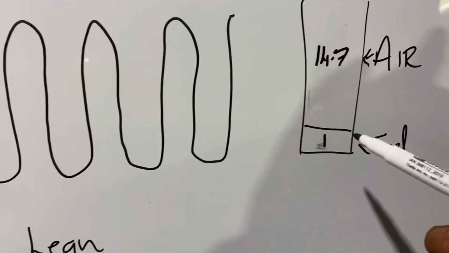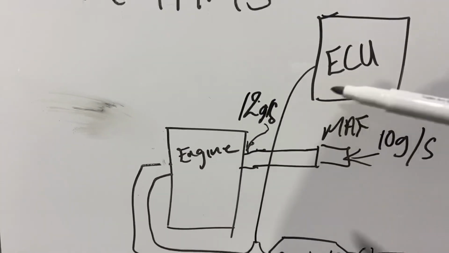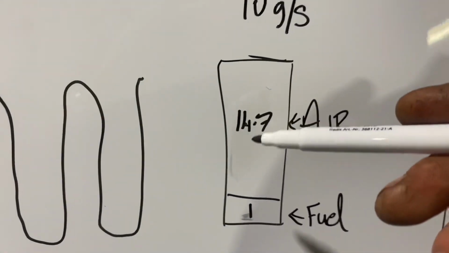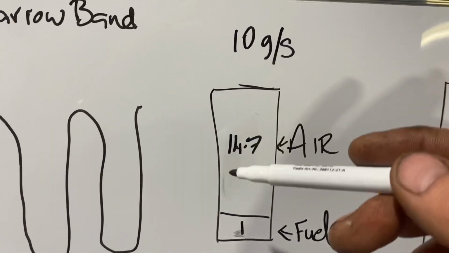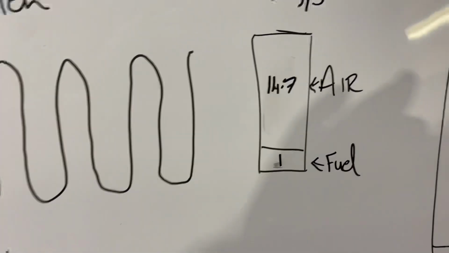So it mixes in enough fuel for the 10 grams of air, and that gives us a lean condition because there's more air going in. So in theory, this quantity gets bigger, which makes this smaller, if that makes sense.